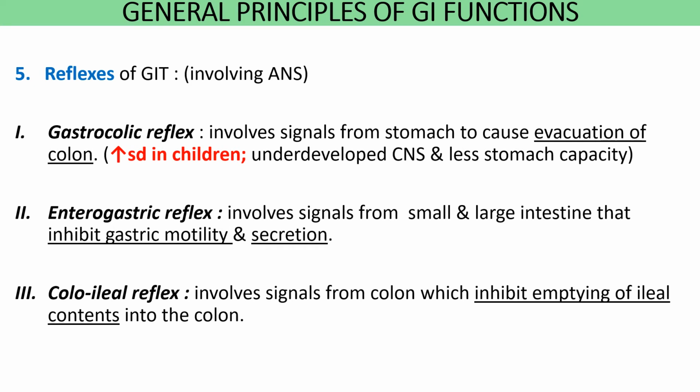Whenever there is food inside the stomach, it will send signals all along the GI tract towards the colon, and that will cause a reflex to evacuate the colon. That is why in children this reflex is very much exaggerated, and you will see that small kids have a habit of eating and suddenly going to the toilet.